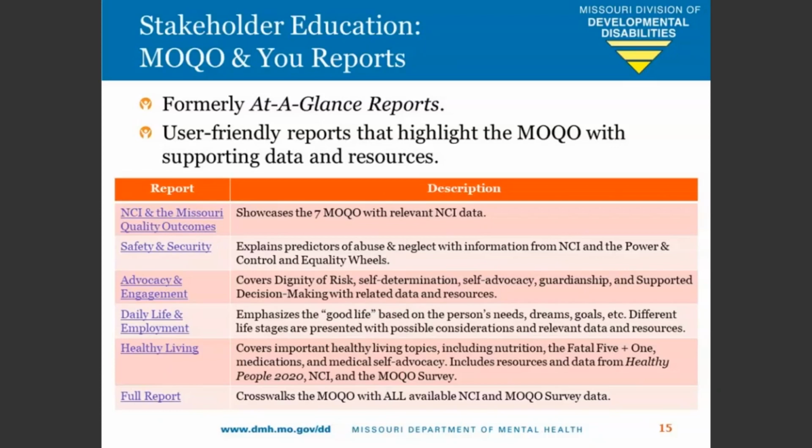So these reports are a way to take the data, make it easy to read, and honestly, to make the data look a little more pretty and fun to look at. We have reports on the different outcomes. We don't have reports on all of the outcomes yet, but I am working on it.